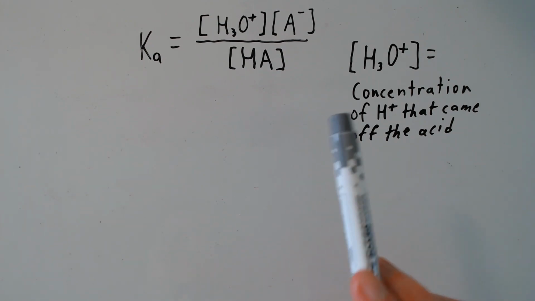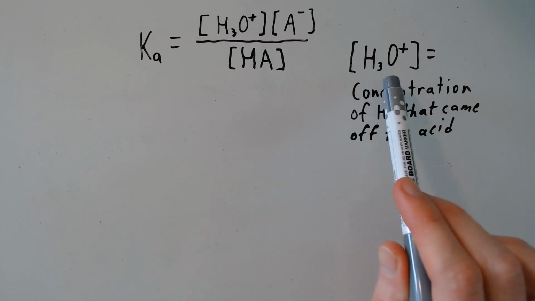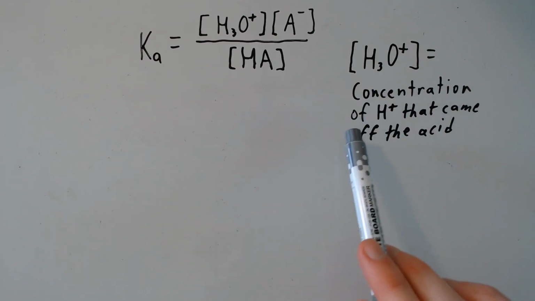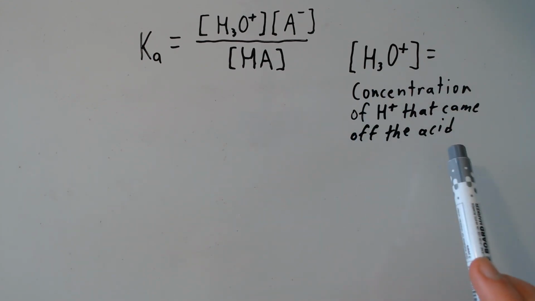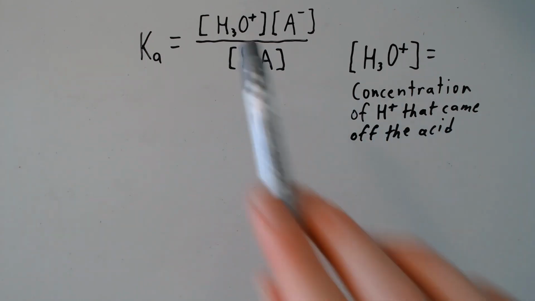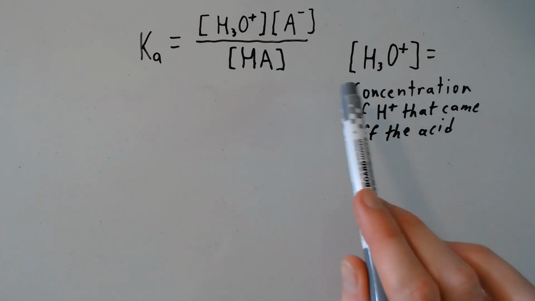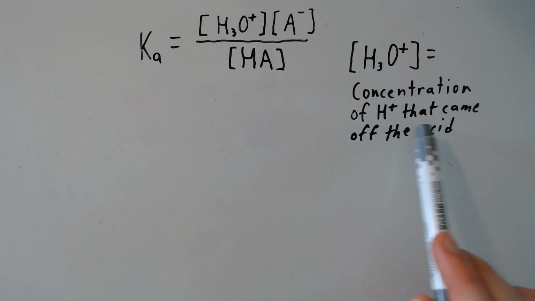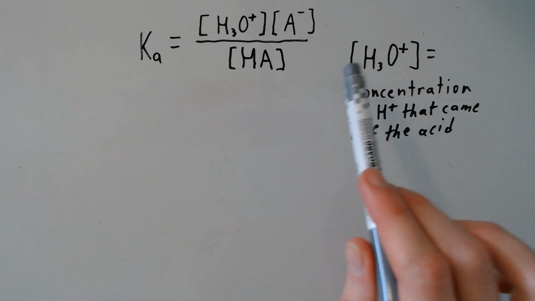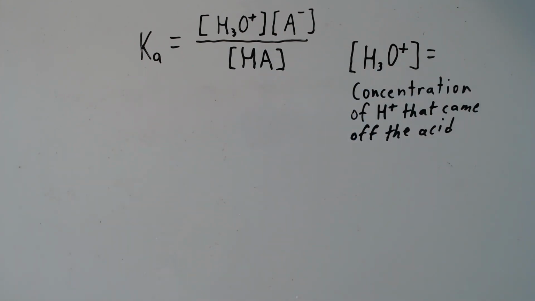Well, now, why is that? It's because the concentration of H3O+ is equal to the concentration of H+ that came off the acid. And all of this H+ binds to water to form H3O+. So essentially, the concentration of H3O+ is equal to the concentration of H+. So we can use the concentration of H3O+ to find the pH of the solution.